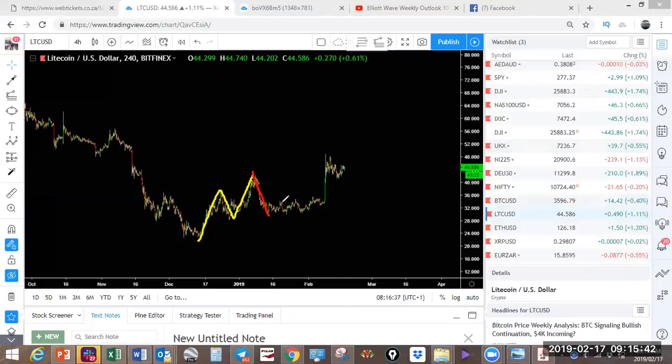So this looks like a leading diagonal here in the beginning. Okay, so let's see what structure we get here. Could be an A move, a B move, and a C move, making this a W, a X, and a Y. If this Y is not complete, maybe a slight push to the upside, then this will be like a 3-wave move here.